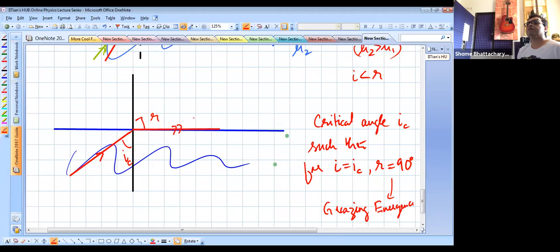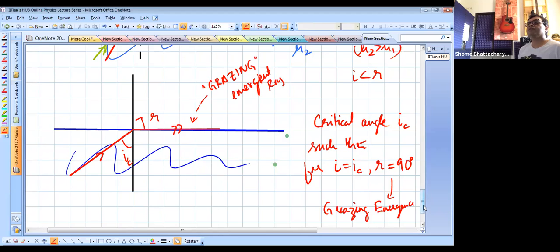So this ray which is coming out grazes the surface or comes out tangentially. It's a grazing emergent ray.